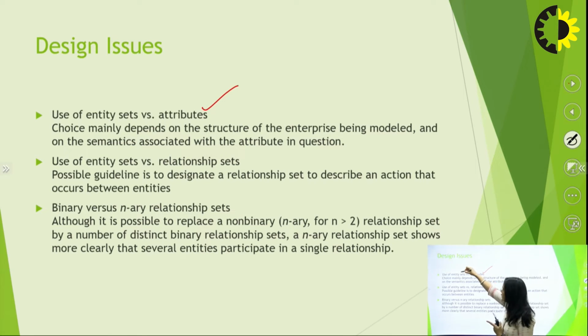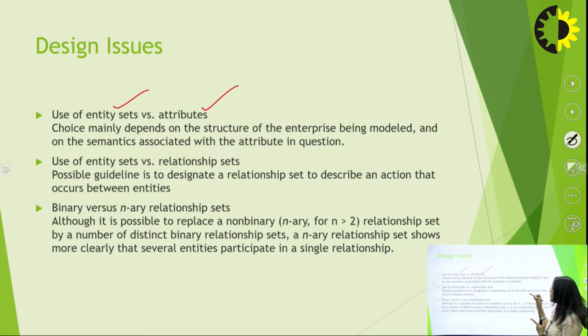We will decide first the entity sets, and then the attributes for each and every entity, right? Another design issue is entity set versus relationship set. So what will be the relationship between those entities? First of all, we need to select the entities, then the attributes, and then decide the relationship between those selected entities, right?